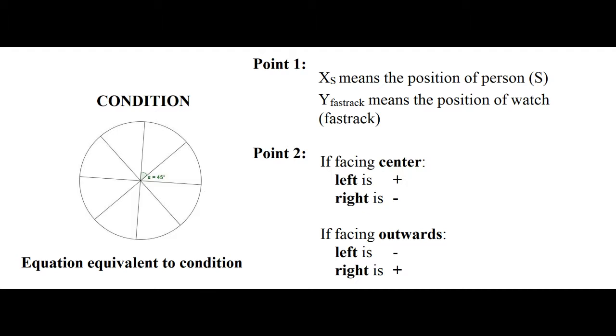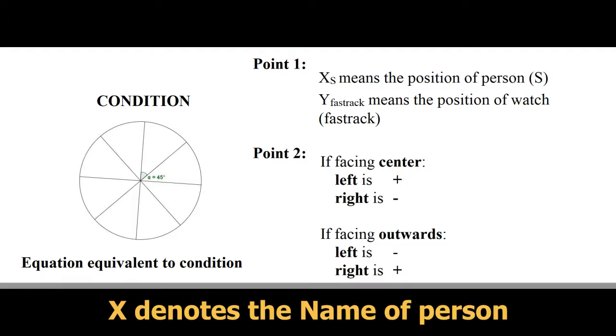Point number 1 is that I'll be denoting the name of the person by capital X, and the subscript will have the name of the person.